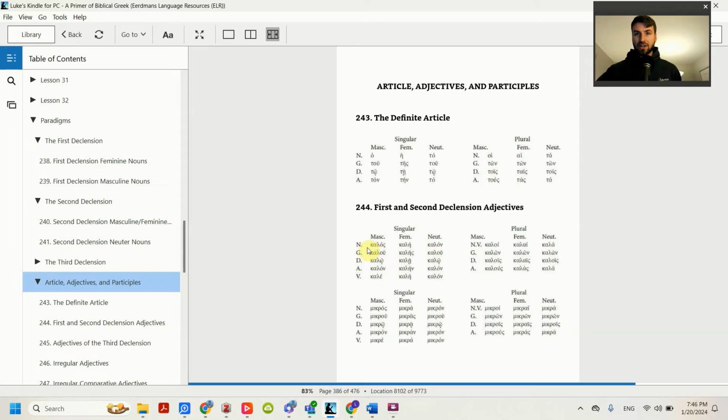So notice here in the nominative, they're all different. You have a sigma at the end of the masculine, nothing at the end of the feminine, and a nu at the end of the neuter. And then notice that in the neuter, the nominative and the accusative are the same in both the singular and in the plural. You can see it over here.